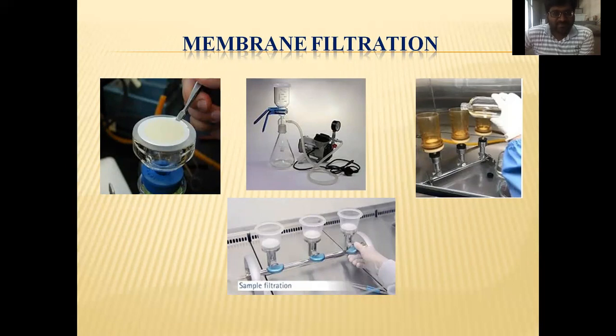The vacuum flask is connected with the vacuum so that it can suck the water from the sample container. The third and fourth pictures show the manifold, which is made up of magnet, so you can test more than one sample at a time. So these are the pictures of the membrane filtration.